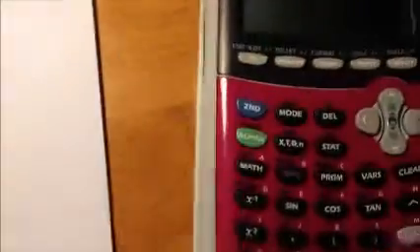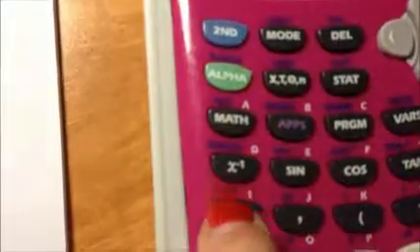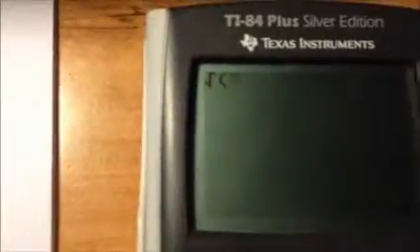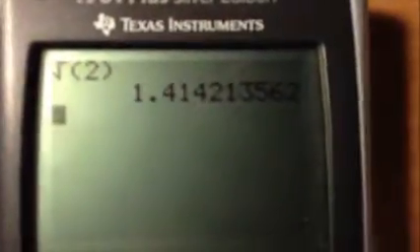Then I'm going to go over here on my calculator and do the square root of 2, which would be second, x squared, because the square root symbol is right above it, and the square root of 2 is actually 1.414.